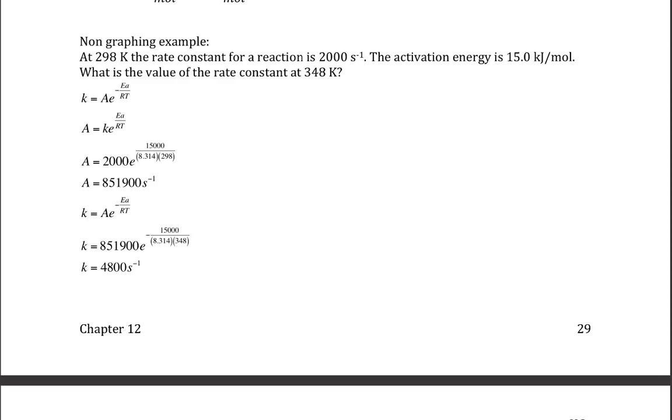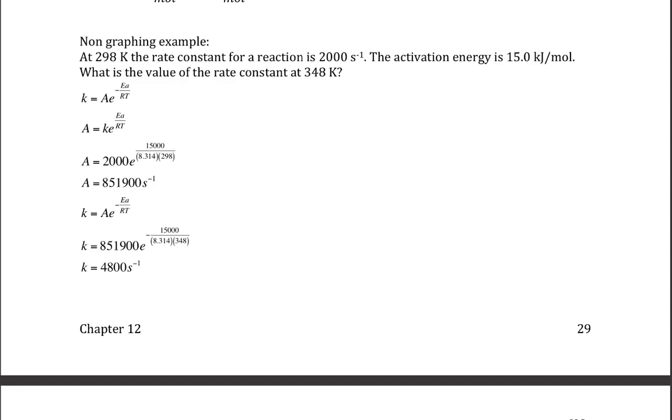We're given the activation energy, but we're not given the value of the orientation factor A. So first, from our lower temperature data, we're going to find the value of A. We take our Arrhenius equation, rearrange it to solve for A, and put in our values for k, Ea, R, and the temperature 298. We get that A is equal to 851,900 seconds to the minus 1.